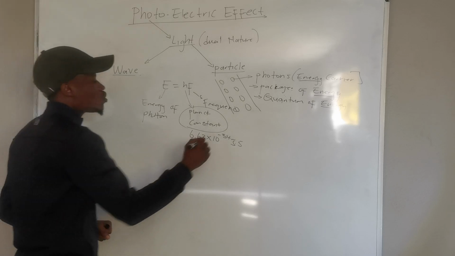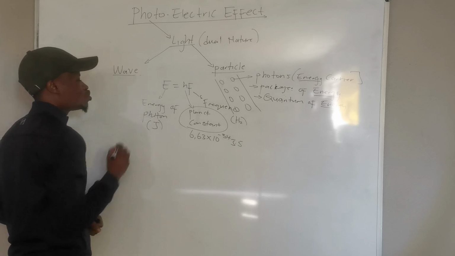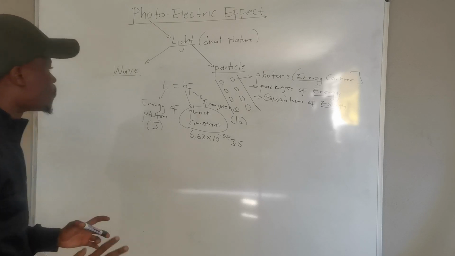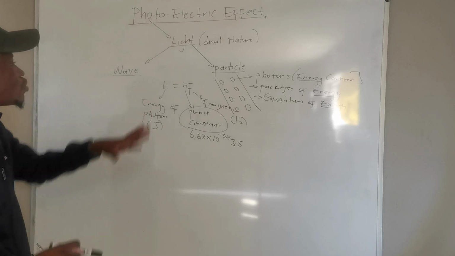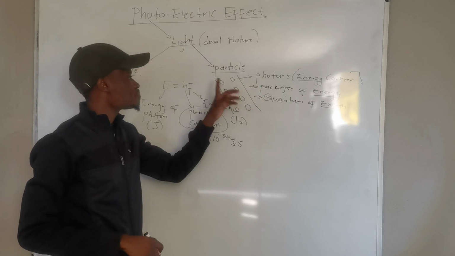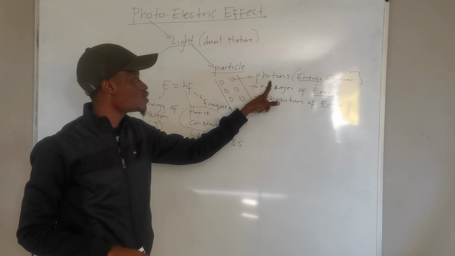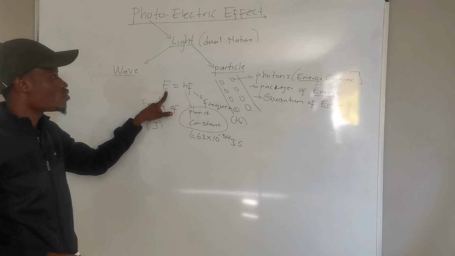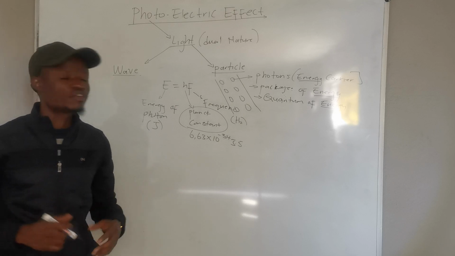Now, the frequency, we all know, is measured in hertz. The energy is going to be measured in what? In joules, as always. Therefore, this is an important discovery that talks about the photoelectric effect. We have a light which behaves as a particle. Those particles are called photons, which carry energy, and their energy is calculated as the Planck constant multiplied by the frequency.